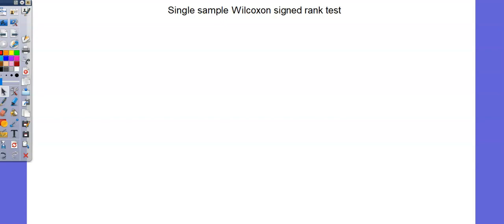This is 9231 Further Probability and Statistics, Topic 4, Non-Parametric Tests, looking at single sample Wilcoxon signed rank tests. We can use this methodology when we meet 3 assumptions, or when we accept 3 assumptions.